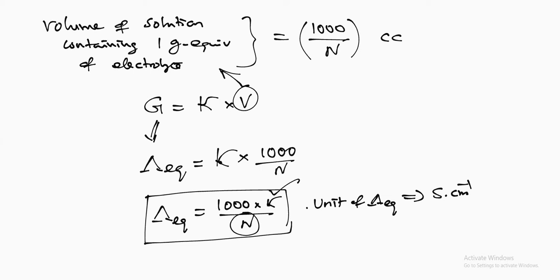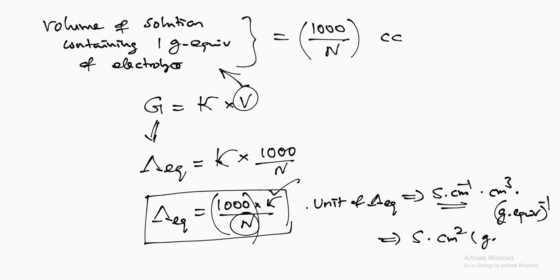So the unit of kappa is Siemens centimeter inverse, and the unit of this 1000 by normality is centimeter cube, and the solution contains 1 gram equivalent of electrolyte, so I'll put gram equivalent whole inverse. If you simplify this, you'll get Siemens centimeter square gram equivalent inverse. This is the unit of equivalent conductance.